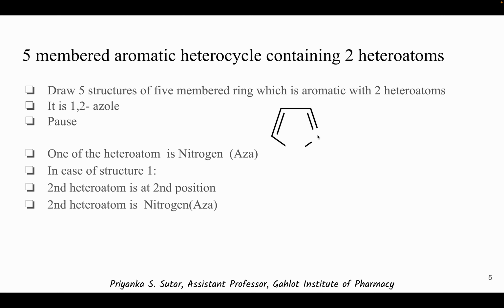You can pause the video and write the structure. This structure is called pyrazole, and it is the trivial name of this structure. It is a 1,2-azole, a 5-membered ring which is unsaturated.